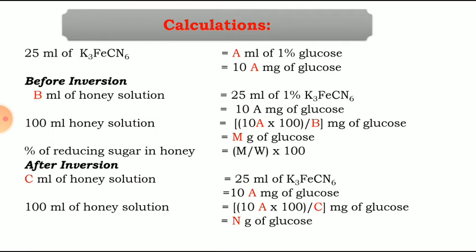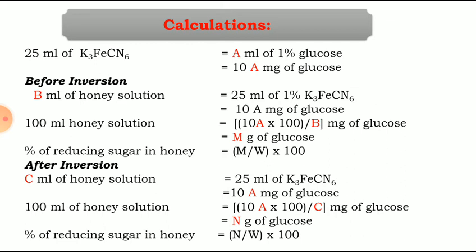Then the percentage of reducing sugar in honey, we calculate by simply n by w into 100. n we are getting from the above, and w will be the weight of the honey, that is 10 gram, into 100, that will be the percentage of reducing sugar in honey after inversion.